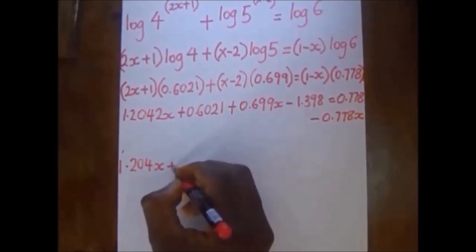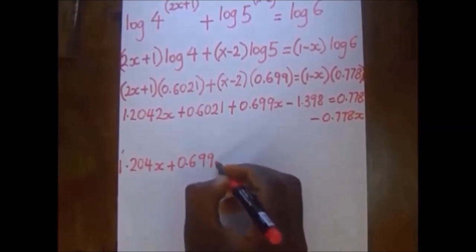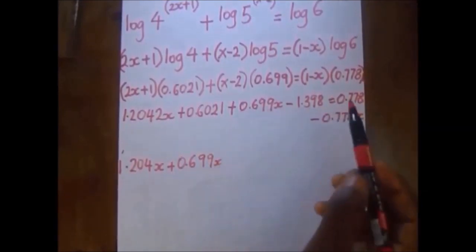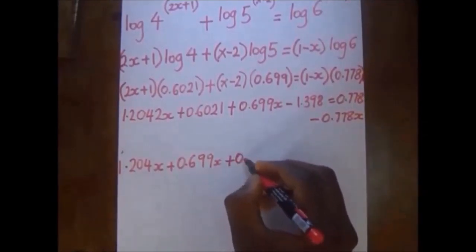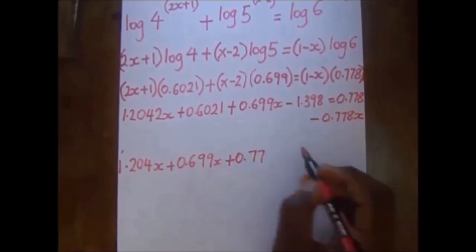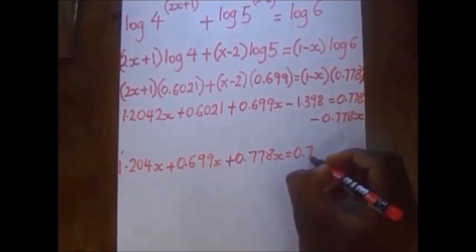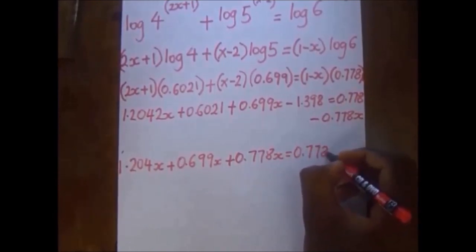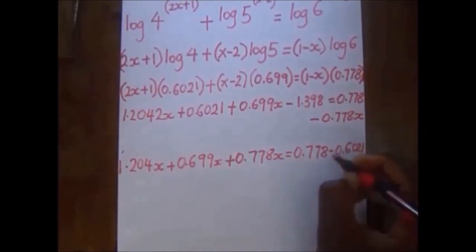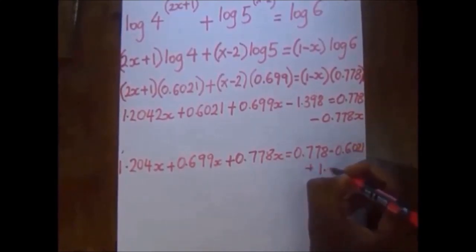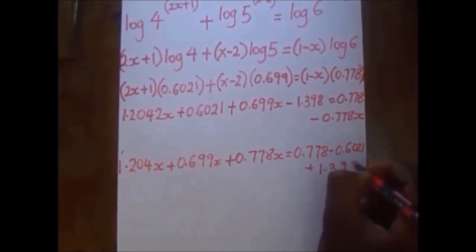1.204x plus 0.699x, which is that one. Then we have this x also coming this side of the equation, which is going to become plus 0.778x, giving us 0.778 minus 0.6021 plus 1.398.